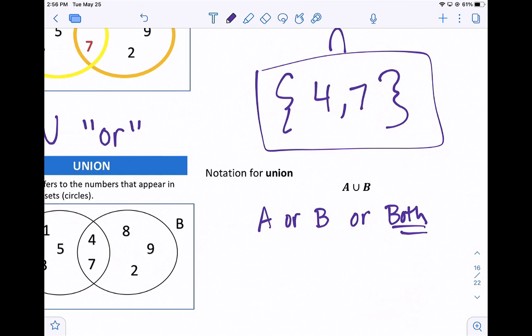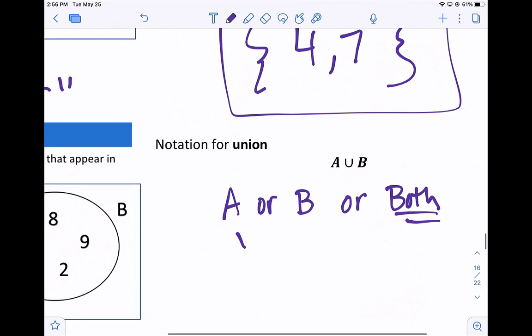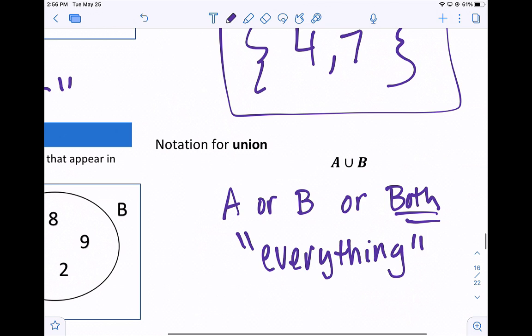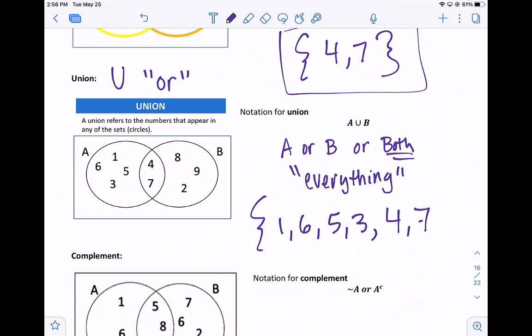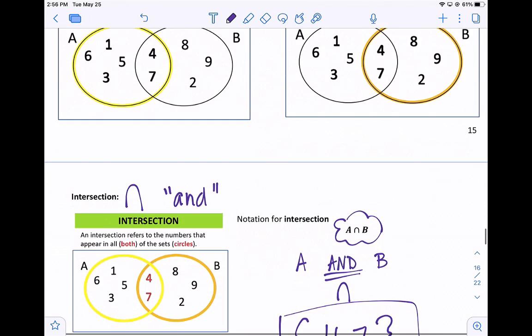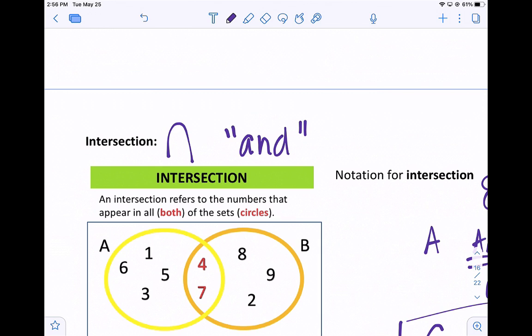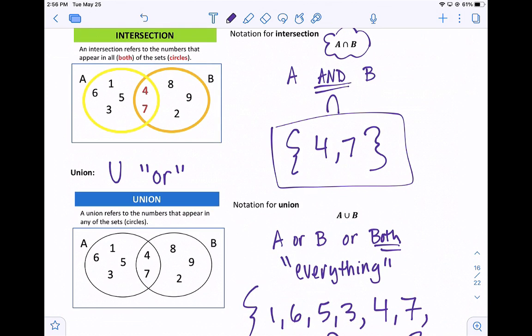So basically when you see a union, it means everything in those sets. If I say what's in A or B, it is the 1, the 6, the 5, the 3, the 4, the 7, the 8, the 9, and the 2. So or means everything in any of the sets, like A or B or both. Again, intersection means and, it has to be in both. Union means or, it's in one or the other, or both, it's everything.